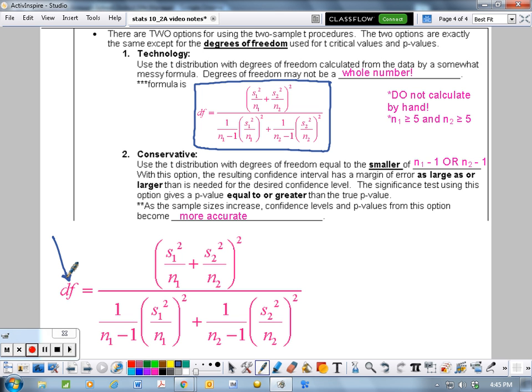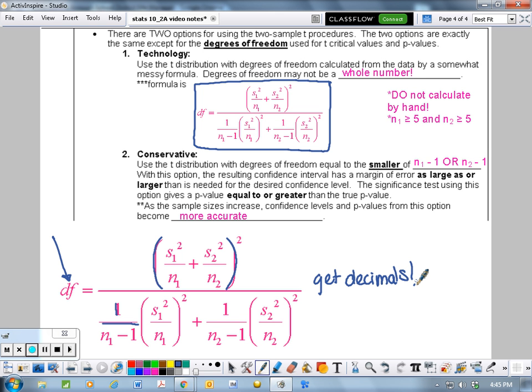It uses the standard error formula, and then it uses 1 over n minus 1, and you almost always get decimals because of that fraction thing that goes on.